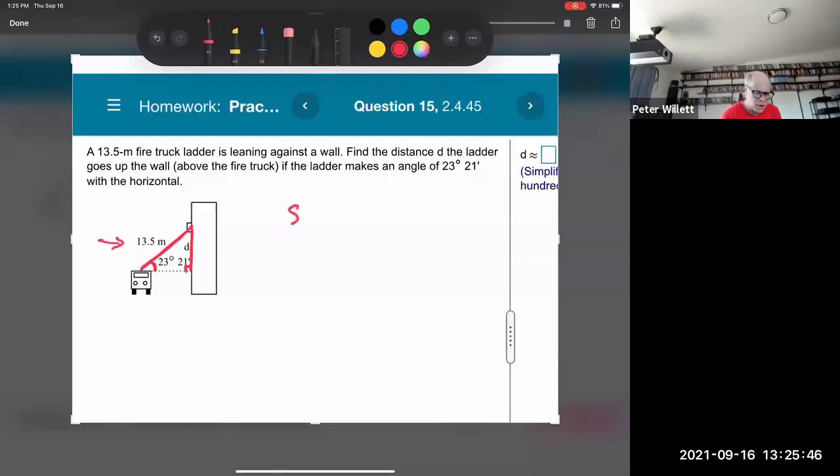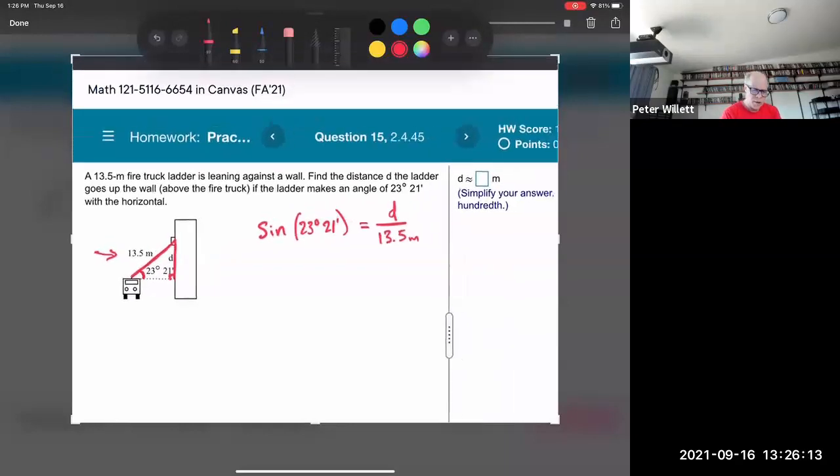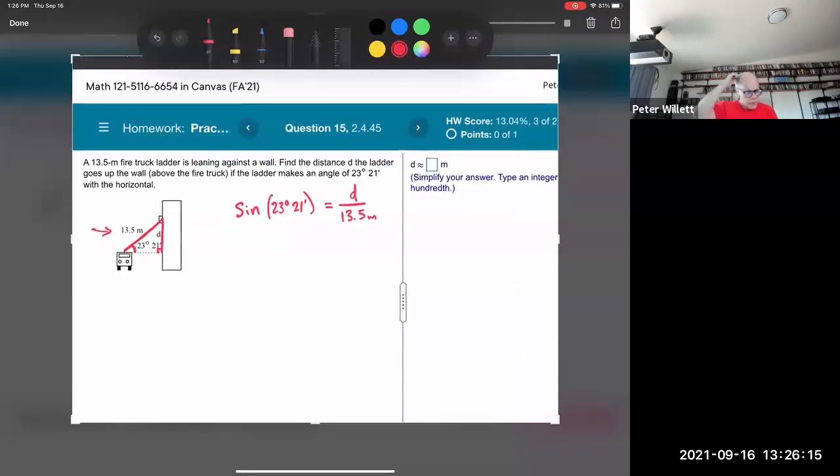So I would know then that the sine of 23 degrees, 21 minutes is equal to the opposite, which is D, divided by the hypotenuse, which is 13.5 meters. And then I would solve that for D, and that would answer the question. So let's pause. Are there questions about how I came to this equation to solve? That's the entire problem. We solve that and then we're done. Questions about how I came up with that?